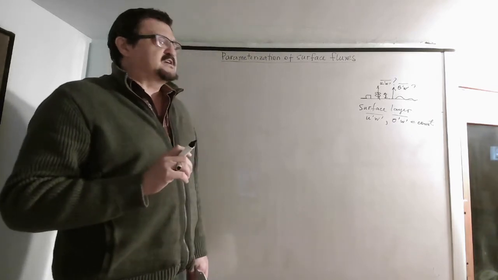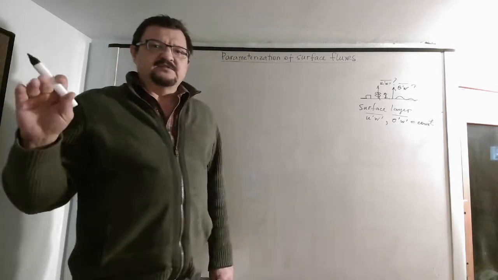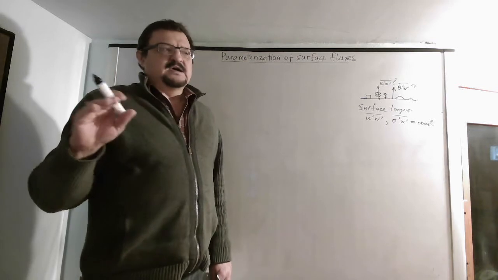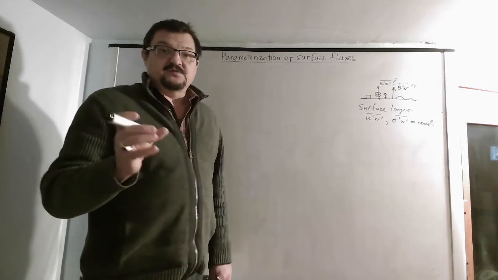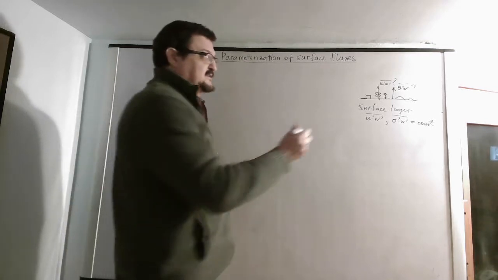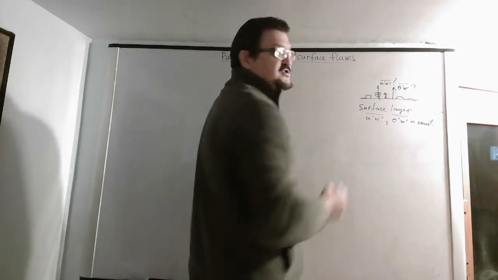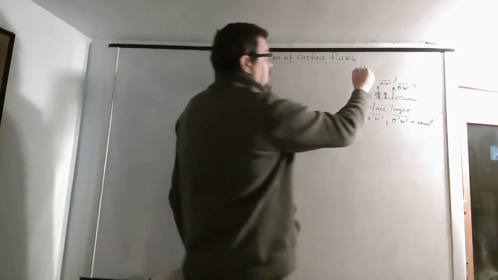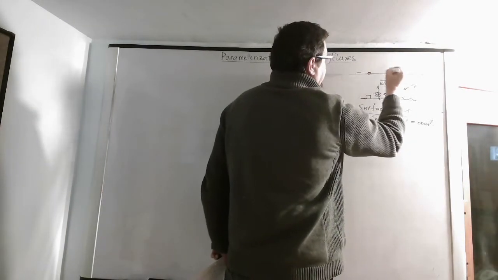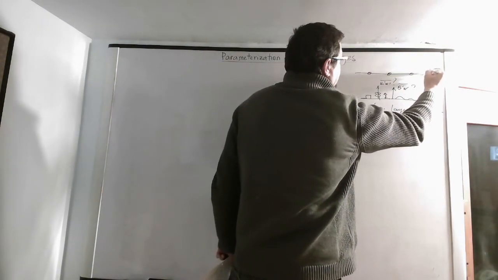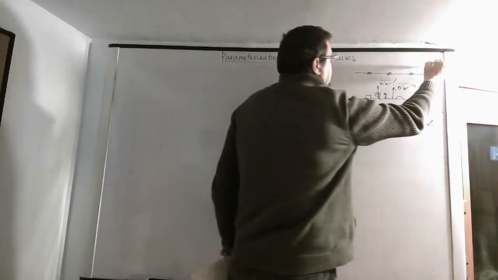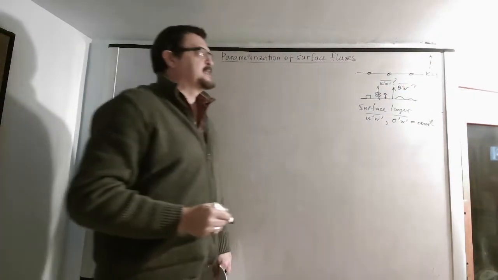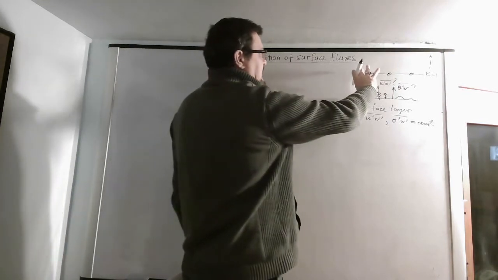So our lowest level of the grid is usually put not on the surface itself, because the surface is not actually well defined, especially if you have all these features on the surface, but somewhere above it. So this is our first grid level, k equals 1, and k is increasing upward.